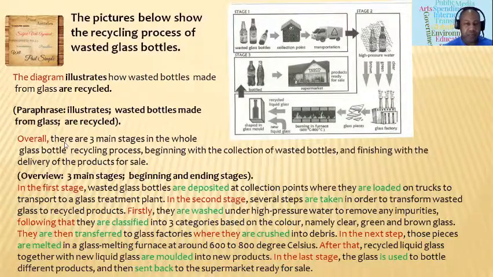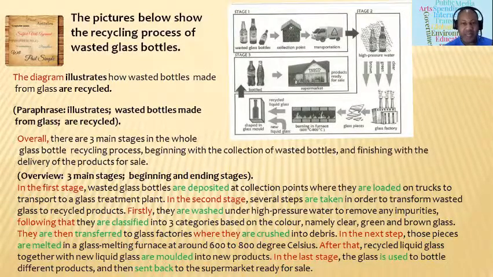Now, for the overview, if it's a sequential process, the best thing to do is to say how many stages or how many parts there are to the process and the beginning and the end of the process. That's really all you need to do.